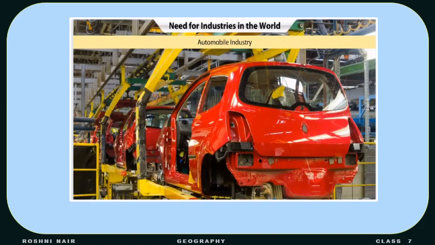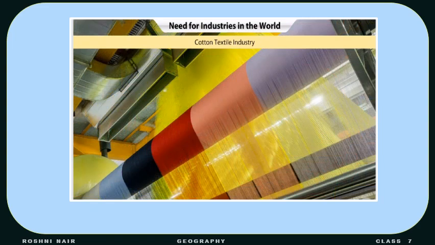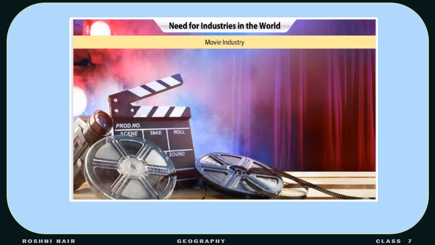For example, people who are engaged in manufacturing automobiles are part of the automobile industry. People involved in the manufacture of cotton textiles are part of the cotton textile industry. People involved in making movies are part of the movie industry, and so on.